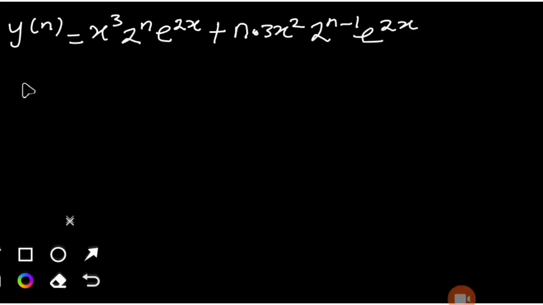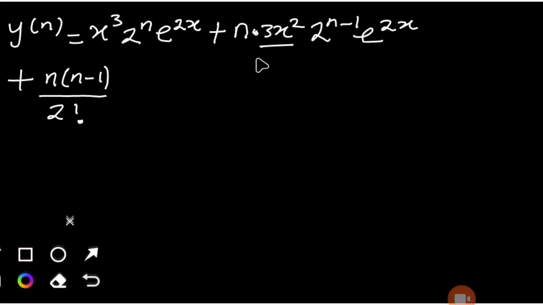All right, so let's proceed to the next term. The next term, the coefficient is going to be n into n minus 1, divided by 2 factorial. Now this time around I will have to find the derivative of x cubed again.